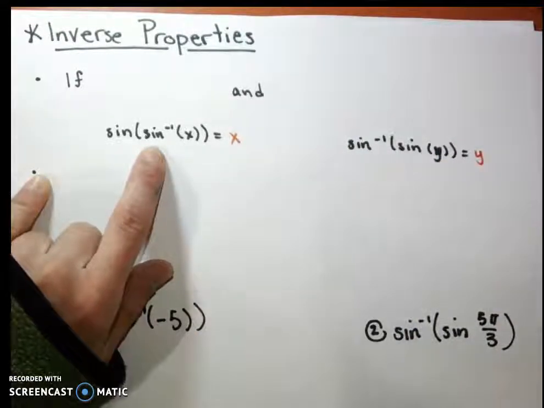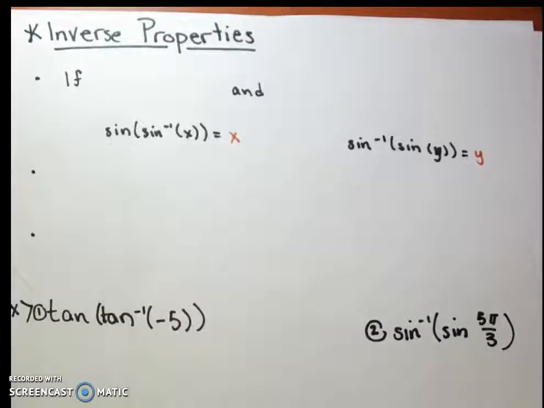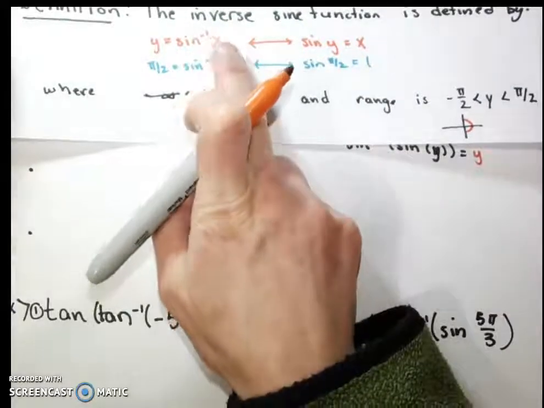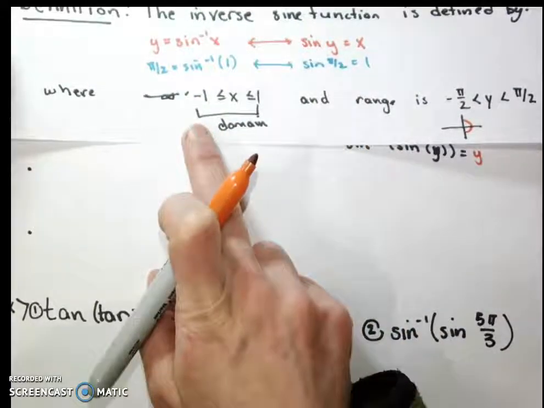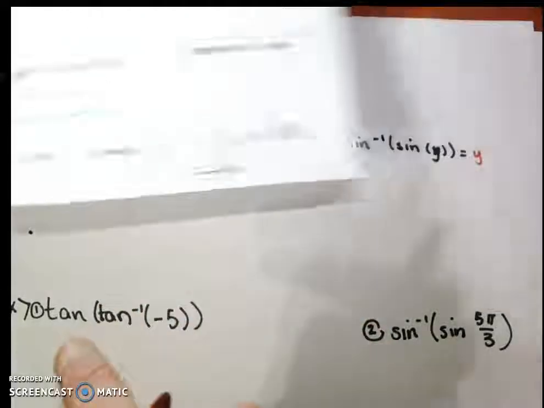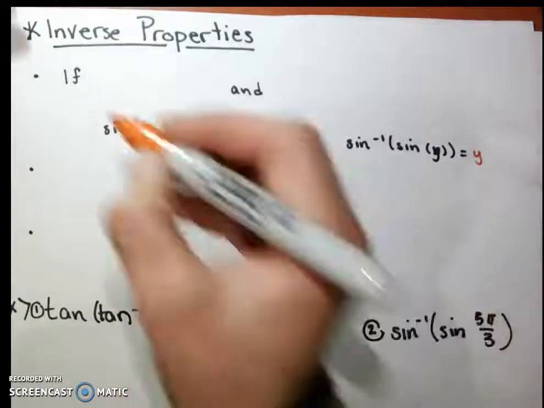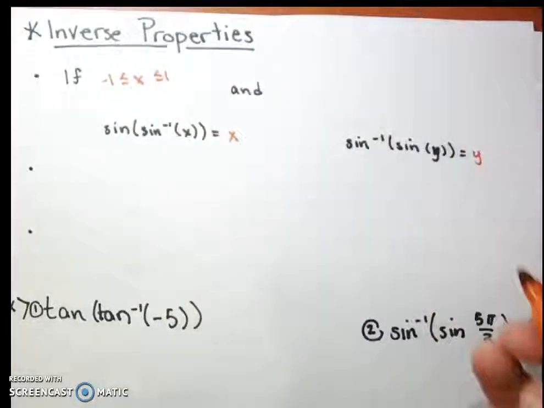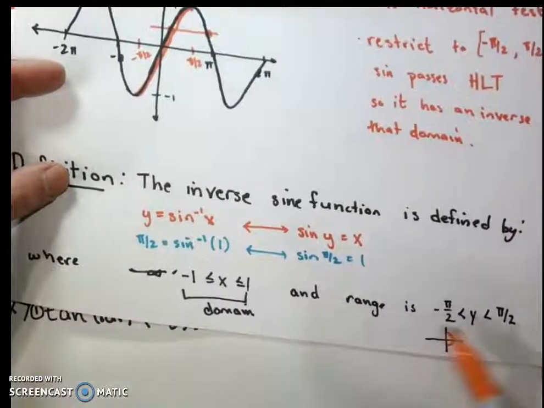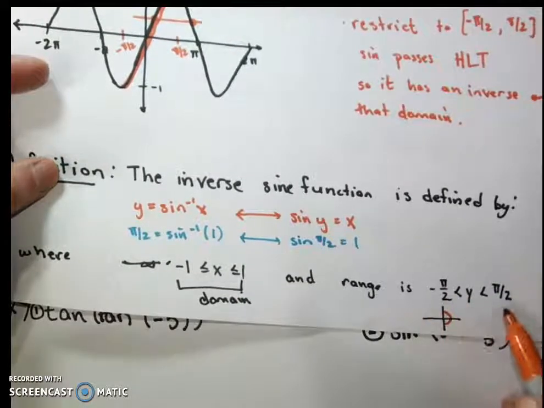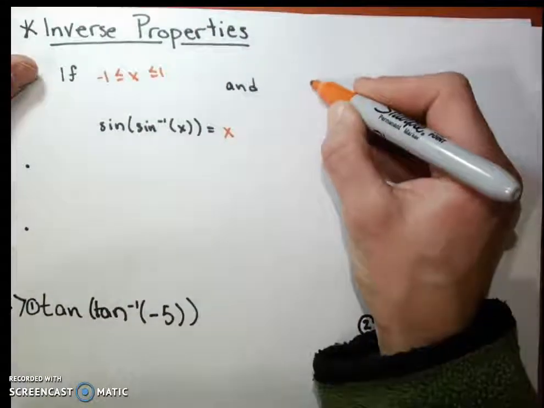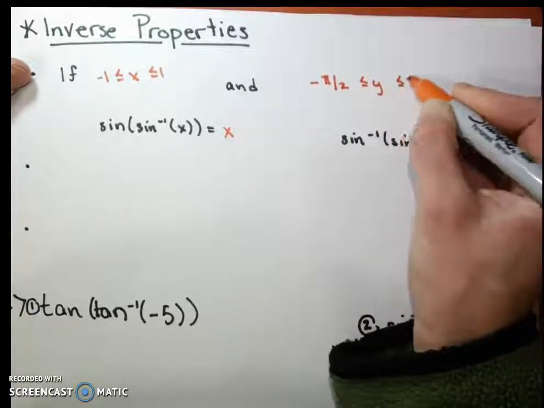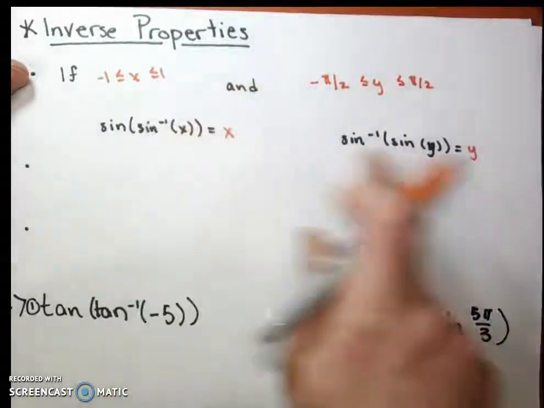But if we go back to our definition of sine inverse, we're only allowed to plug things into the sine inverse function which are between -1 and 1. So what we have to say here is if -1 is less than or equal to x is less than or equal to 1, and we're only going to get out values between -pi/2 and pi/2, so -pi/2 is less than or equal to y is less than or equal to pi/2, then these things are true.